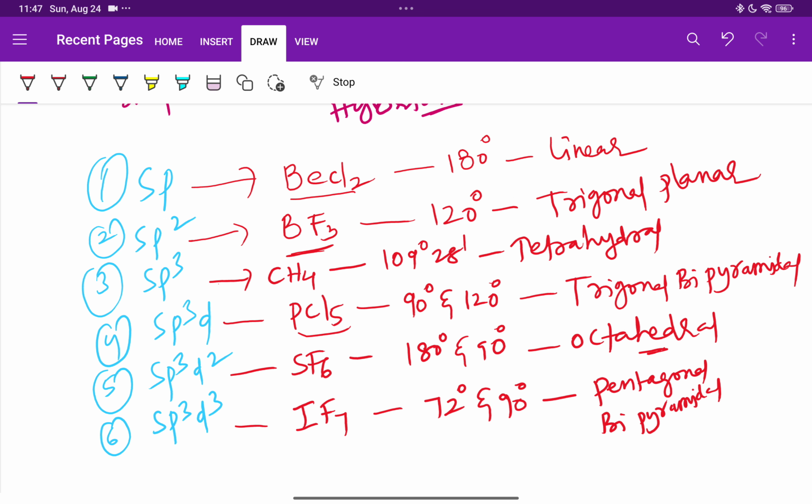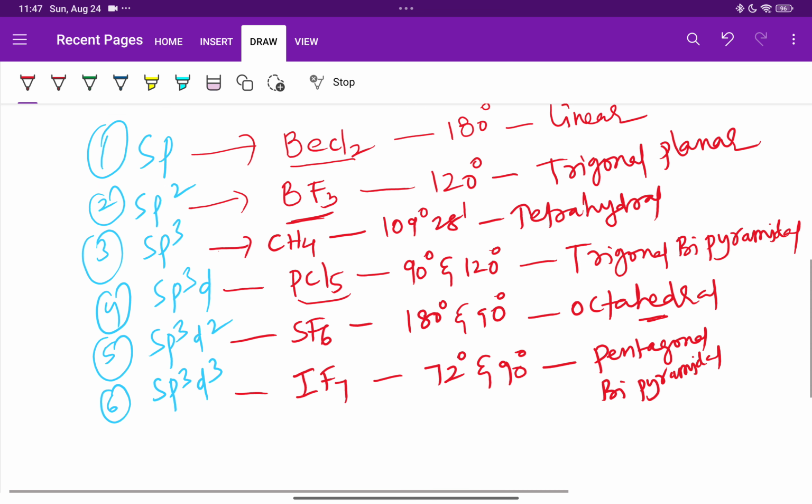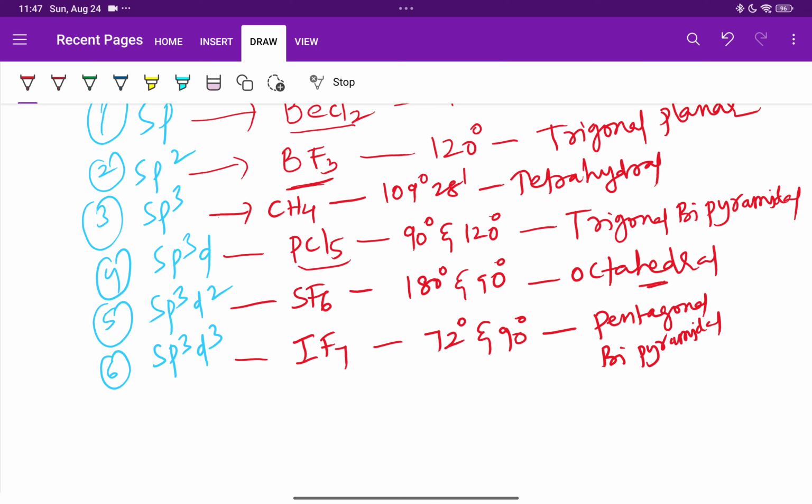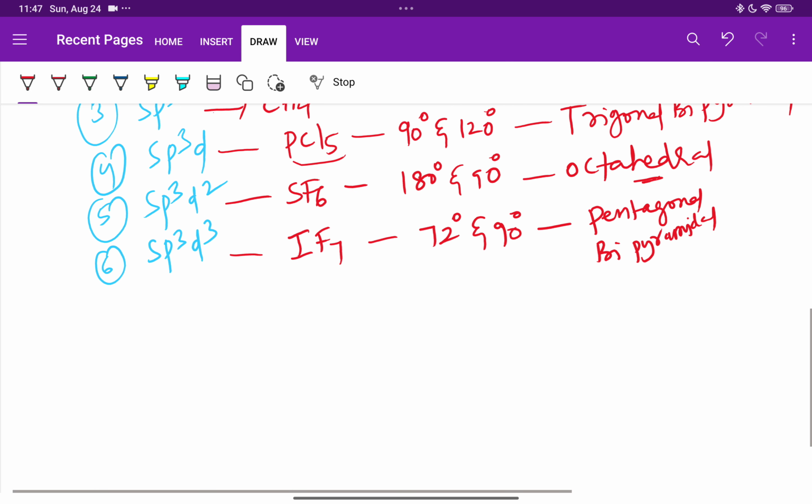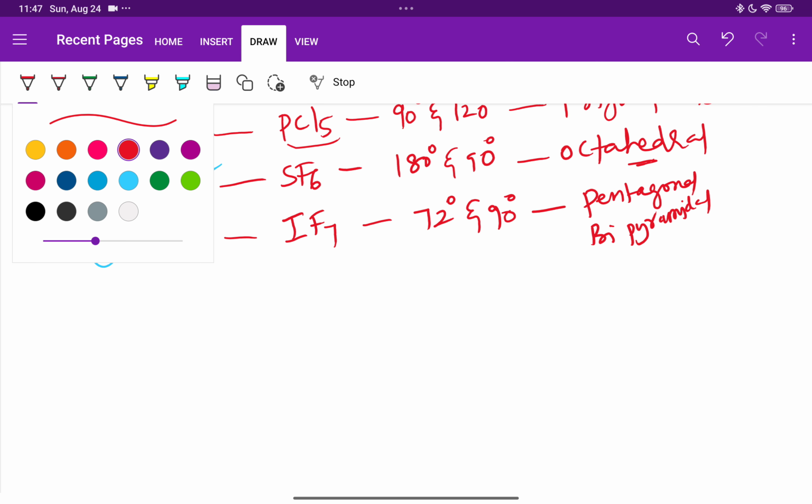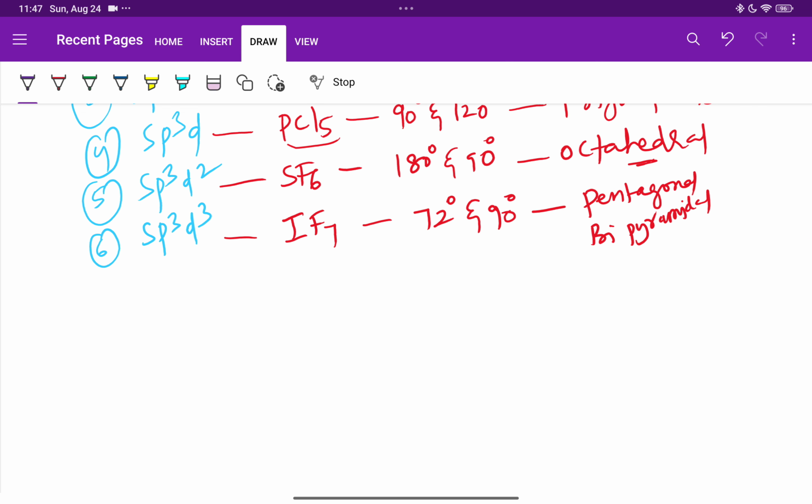So these are the hybridizations, very important for class 10th and intermediate. How sp, sp2, sp3 and all hybridizations form, I am going to explain one by one. First I am taking sp hybridization.